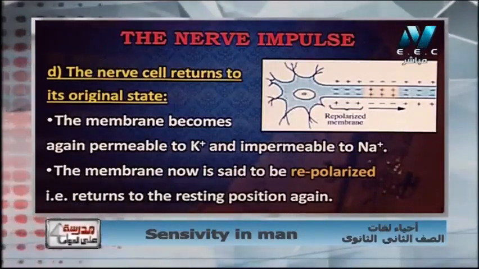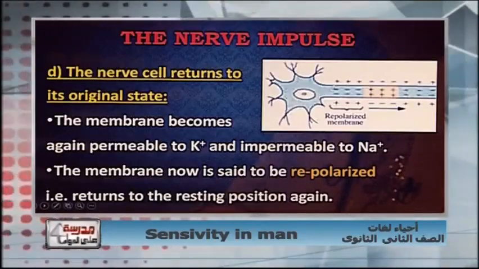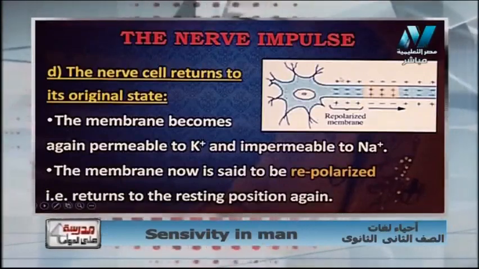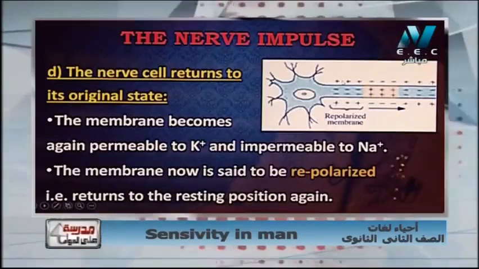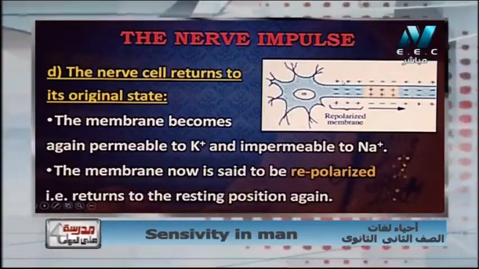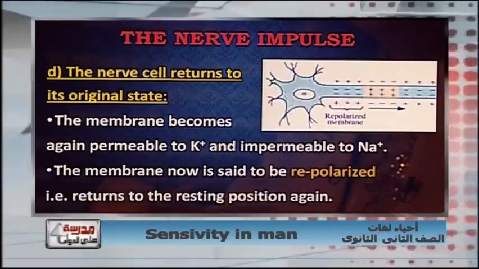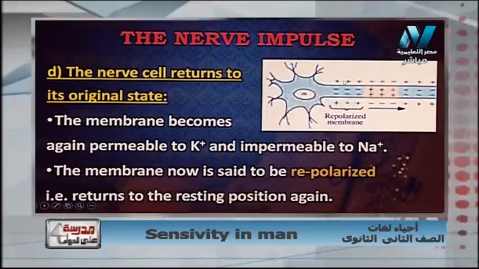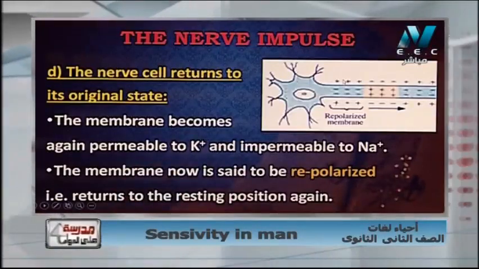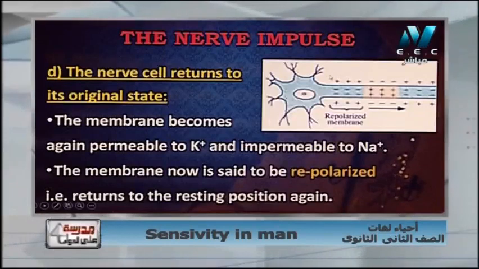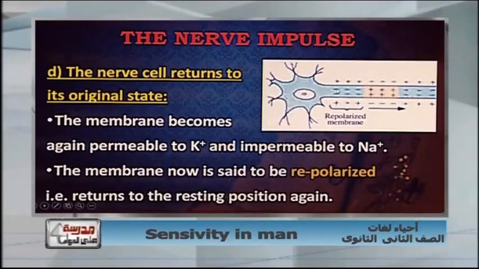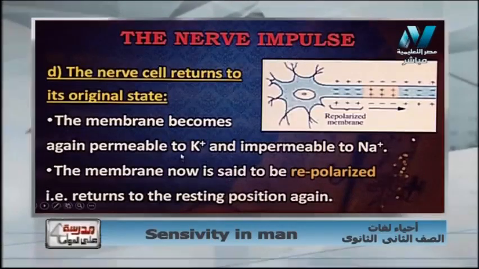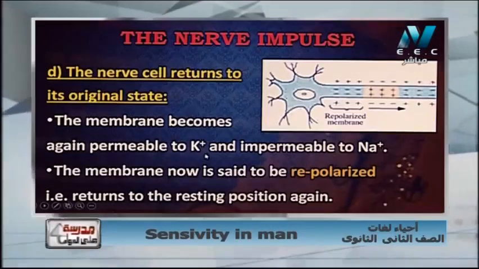And in this case, when the membrane regains its original state, we say that the membrane is repolarized. So we start with polarization, then depolarization, and the third step is repolarization. It regains its selective permeability again and keeps the positive ions outside and negative ions inside. And this means that it returns to the resting position again.